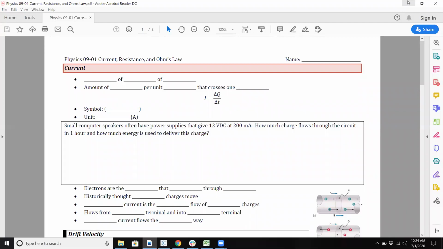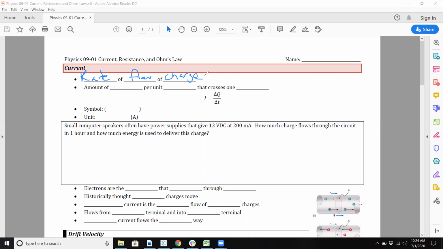Okay, here we go. So what is a current? It's the rate of flow of charge.